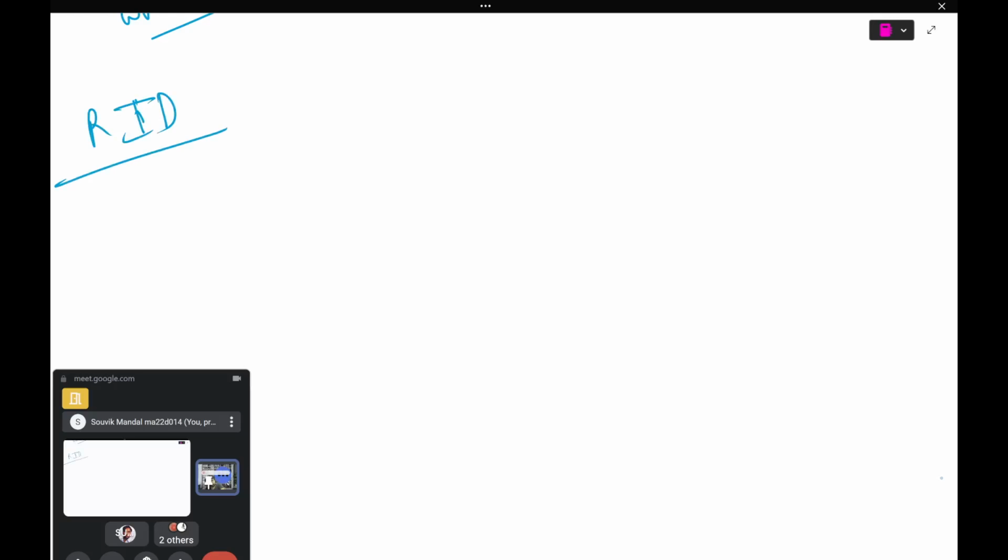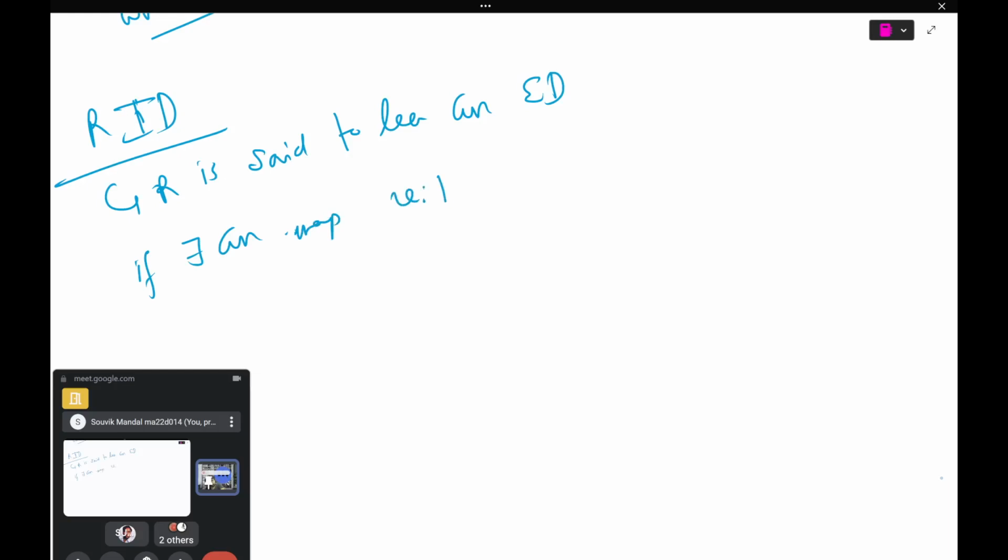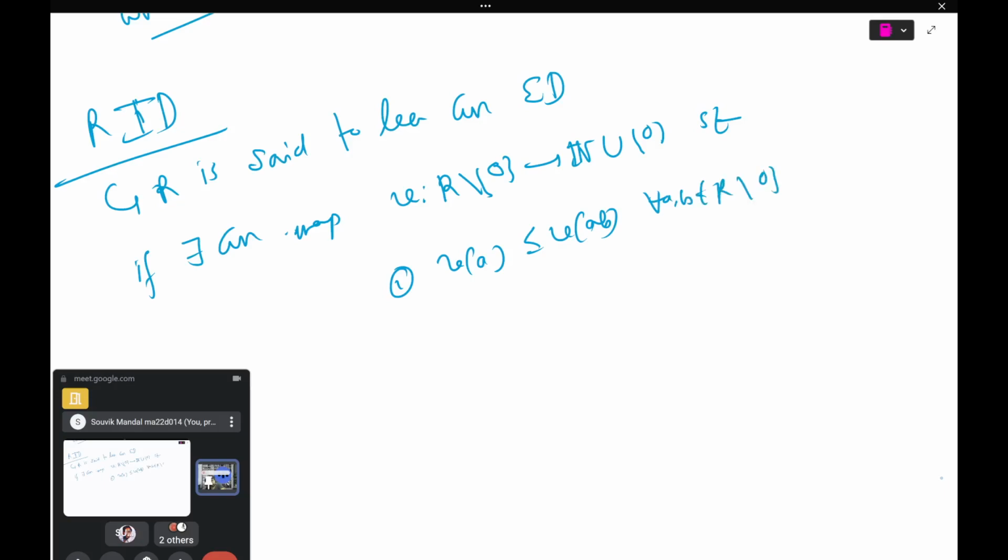Then R is said to be a Euclidean domain if there exists a map from R minus 0 to N union 0 such that V of A is less than or equal to V of AB for all A, B inside R minus 0, and the second condition: for any A, B inside R with B not equal to 0 there exist Q and R inside R.